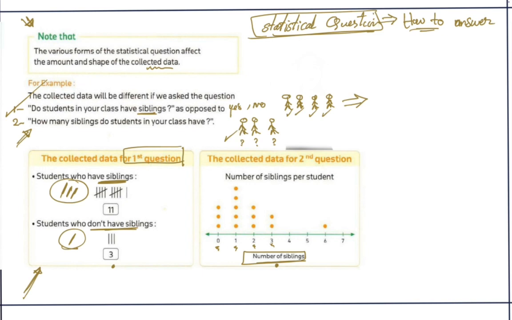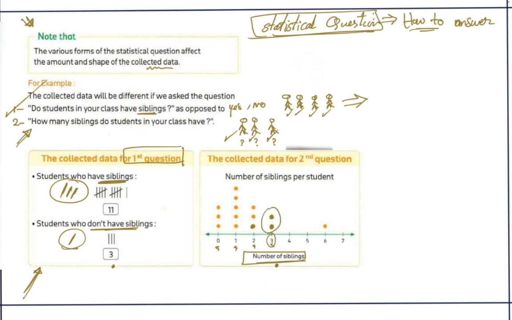Maybe 2. So, a dot here, the first point. Another one, how many siblings do you have? 3. A dot here. Third one, how many siblings do you have? 3. A dot here.